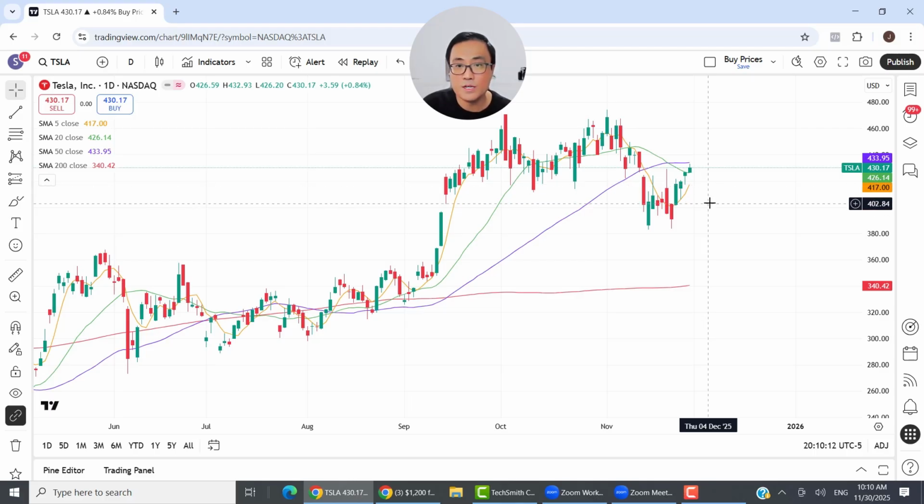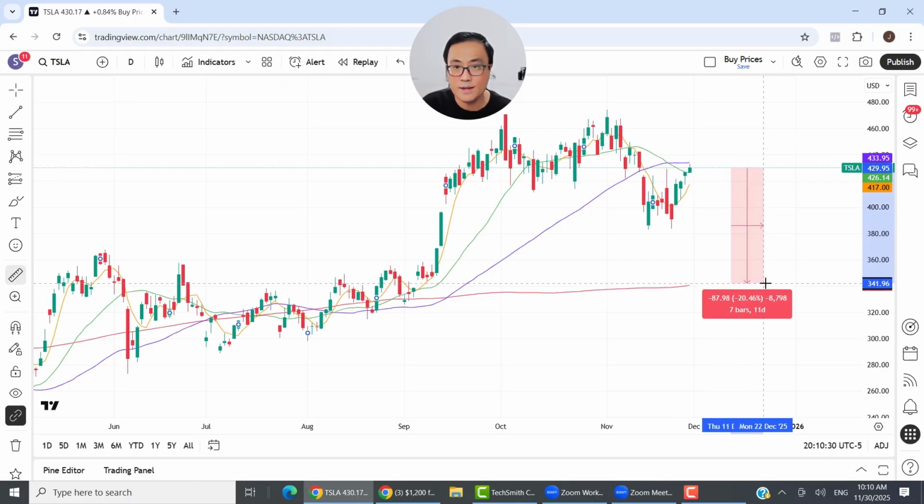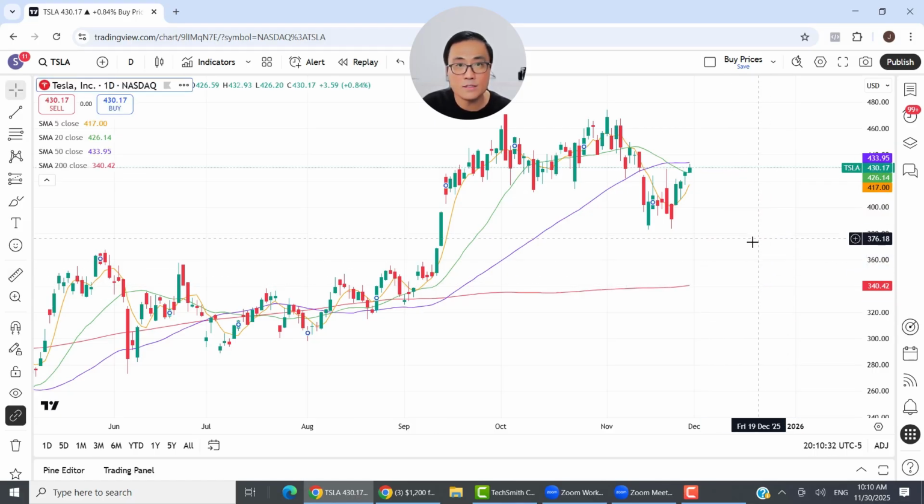And as I am moving towards dollar cost averaging down to $340, I can buy in increasing size positions, buy more and more on the way down. And that way, if I hit that price target at about 340 from today's current price, that's 20% savings. I will be more confident in my buy decisions at 340, knowing that there is a strong support level at this 200 simple moving average.